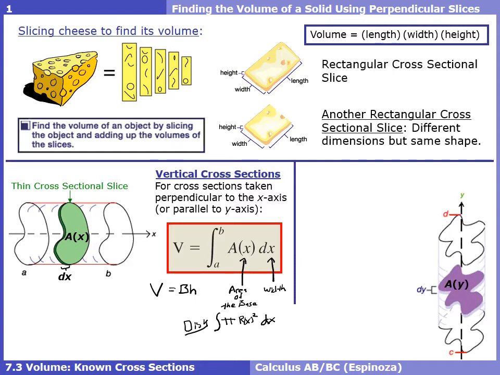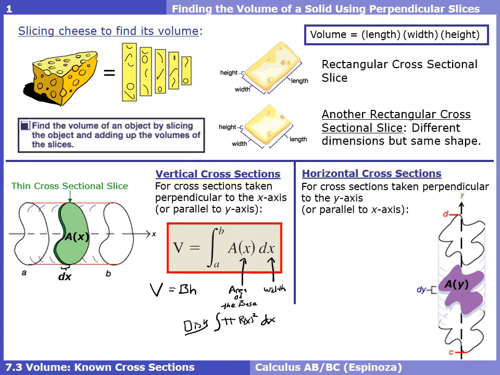Of course, we can slice in a different manner. If we have horizontal cross sections, that means we're slicing perpendicular to the y-axis, or another way to say that is parallel to the x-axis. Once you realize that, just like you saw in 7.2, nothing really changes when you do things horizontally, other than the fact that everything needs to be in terms of y instead.